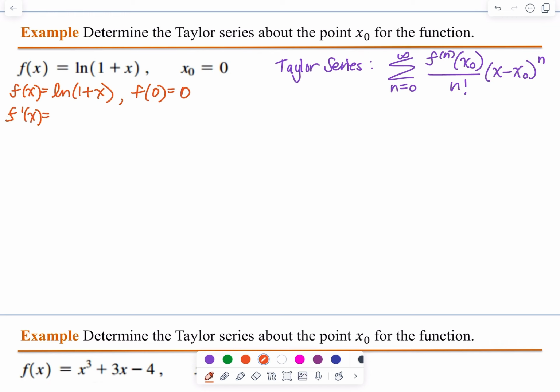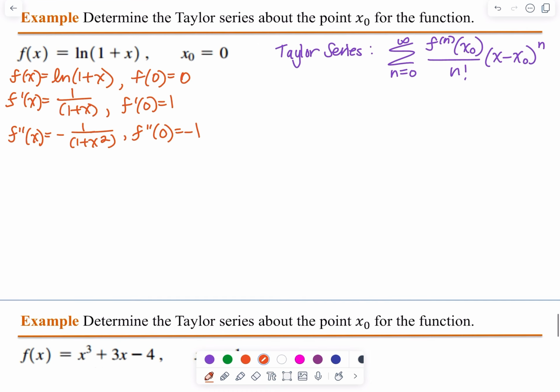We have 1 over 1 plus x, and f prime at x naught is going to be equal to 1. f double prime of x is going to be negative 1 over 1 plus x squared. And we have that f double prime of 0 is a negative 1.